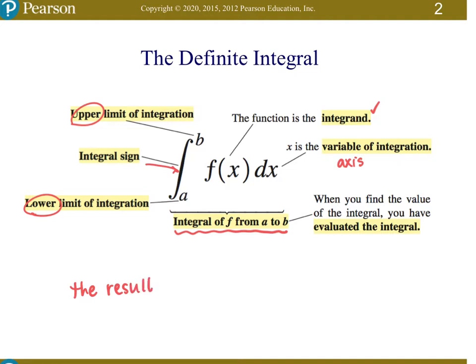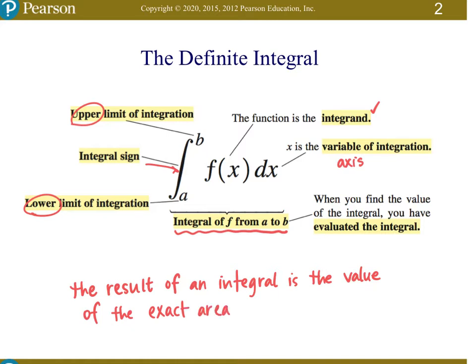So the result of an integral is the value of the exact area under the curve, or maybe we could say between, let's say that's better, between the curve and the axis.